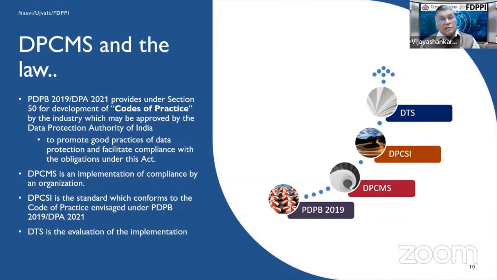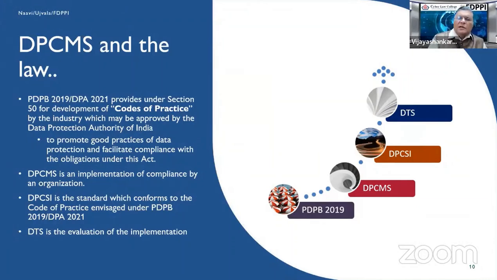The smallest of the organizations, which also has to take compliance, will not find it convenient. A cooperative bank will not find it convenient to have the same frame of reference as a State Bank of India or an ICICI Bank. Therefore, there is a need to look at segment-wise modifications, and we are trying to do that as part of our FDPPI's activity.